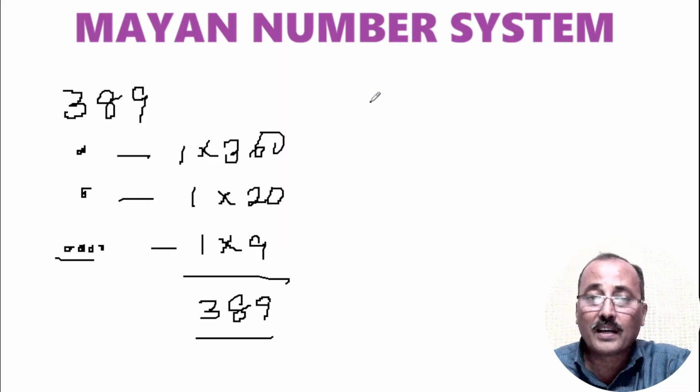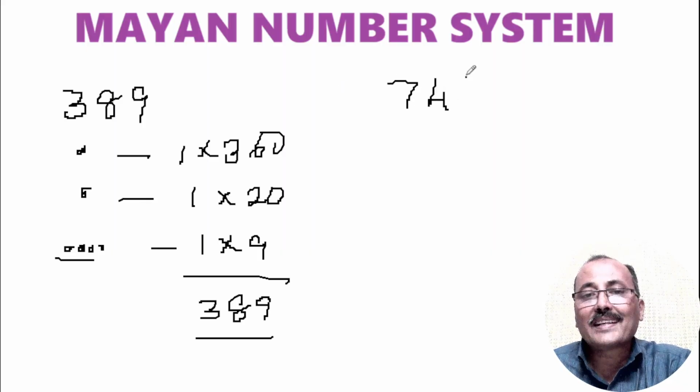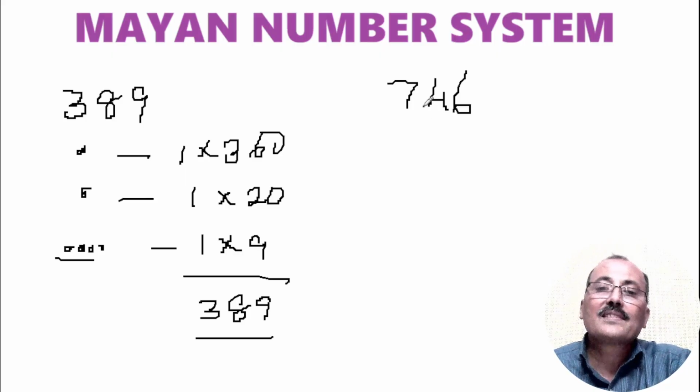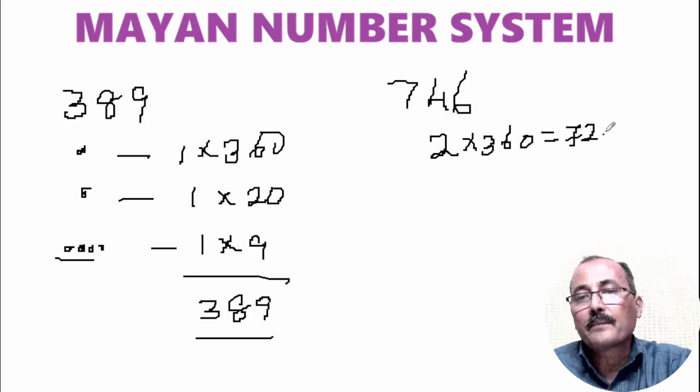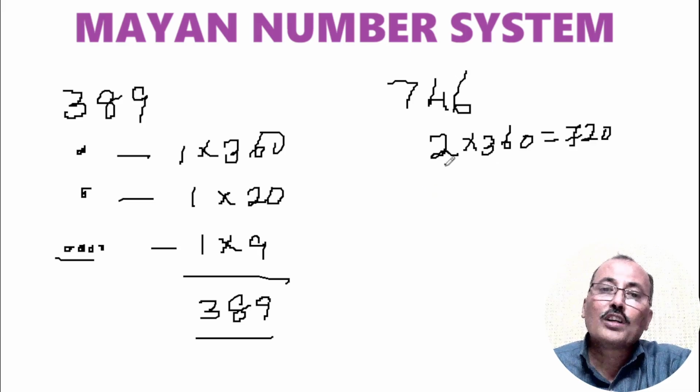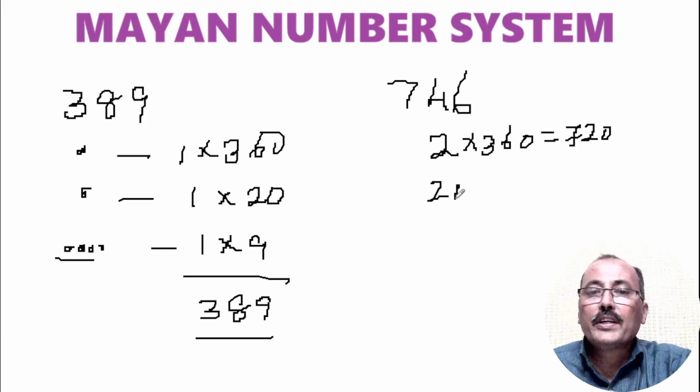Now the next number is 746. In this, two 360s are there. So 2 into 360 equals 720. Then the remaining 26 is 1 into 20 and 6 into 1.